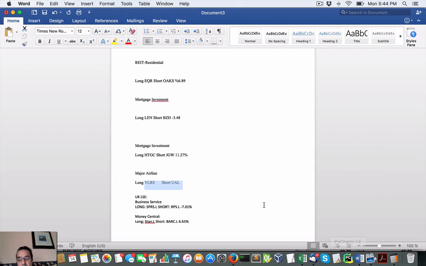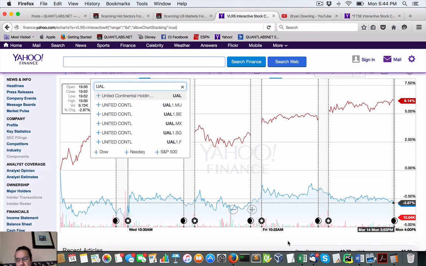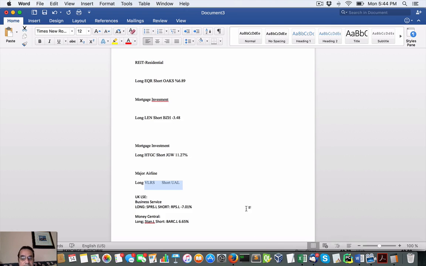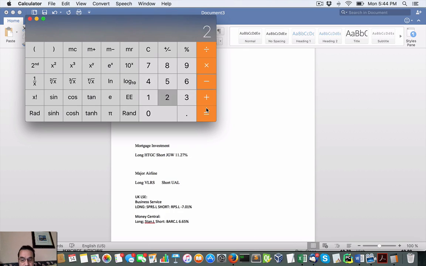Okay, so we're... Actually, we got lucky here. This is down 2.97, but still, that went against us. Let me clear that. 2.97, did I get that? Negative 2.97.